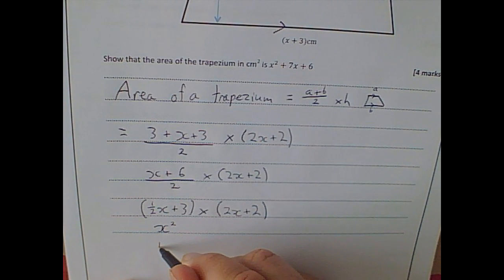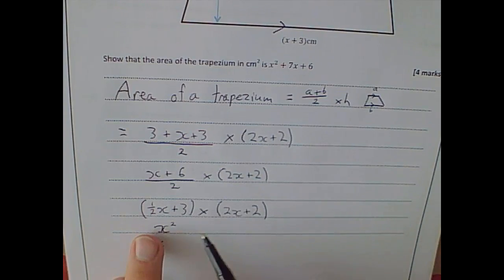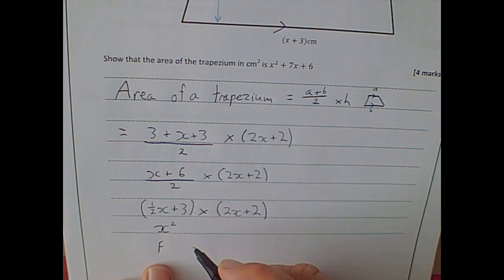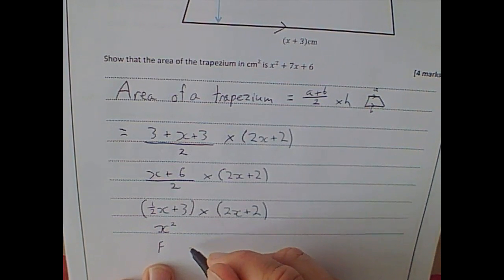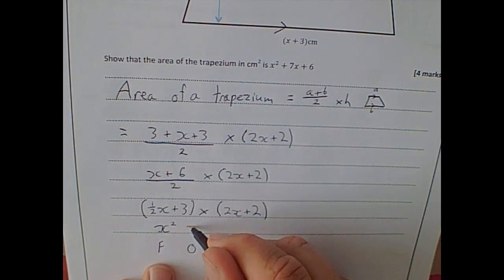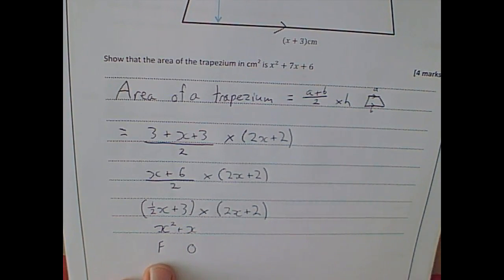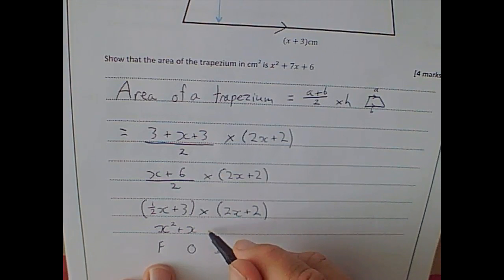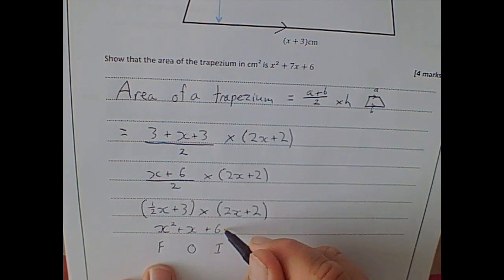That's my first. My outer, a half x times by 2 is x. So my outer is going to be x, one lot of x. My inner is 3 times by 2x, which is 6x.